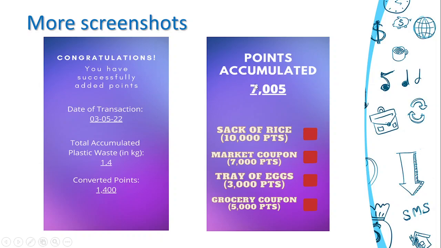Whenever you have enough points, there are incentives. This is where the incentives come in. We have here, for example, a sack of rice, a market coupon, a tray of eggs, or a grocery coupon. So basically, it's promoting a circular economy because you gain something beneficial from waste. From raw materials, that is the waste, which will be converted to a certain product.